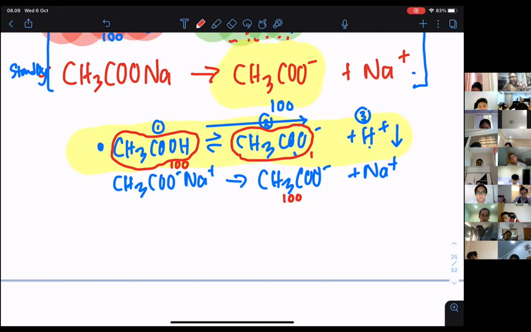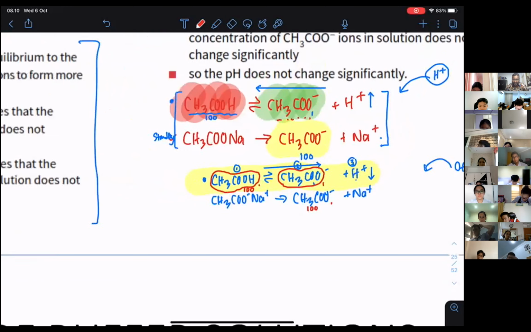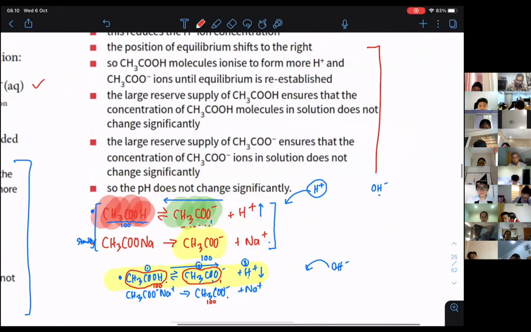You will not notice it's 99; you will think it's 100. So it means the increase and decrease is still going to be constant. Why? Because of the large reserve of this and this, again, same explanation, explained over here. You can go through it. I hope this is clear, how a buffer works.